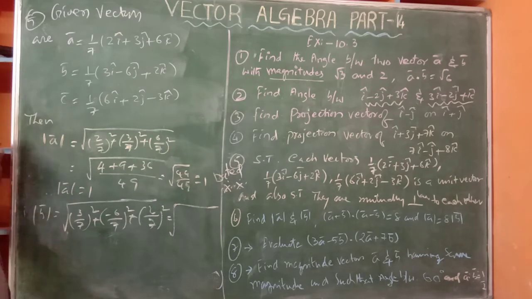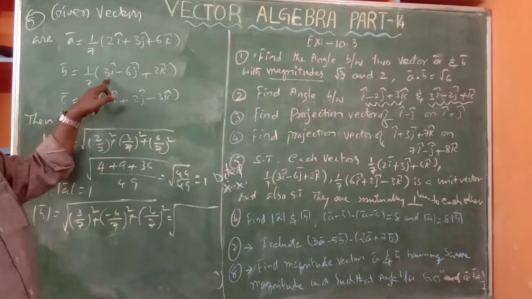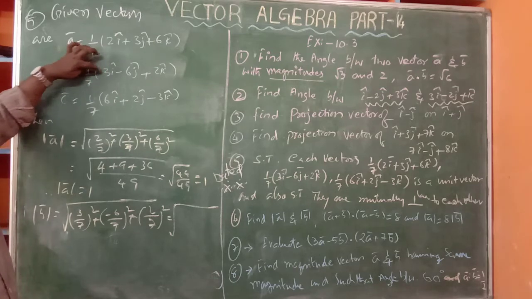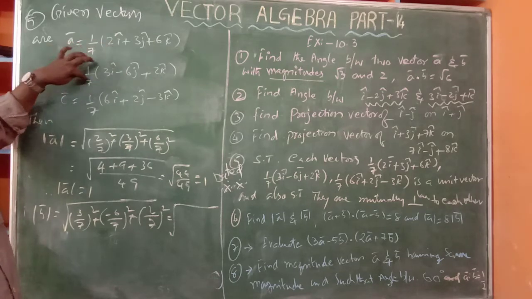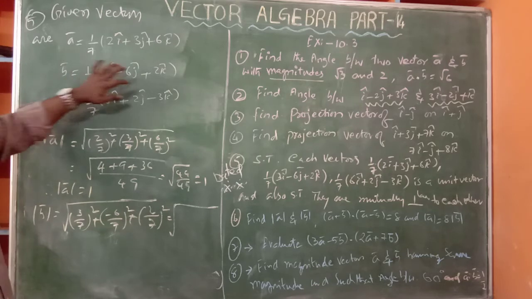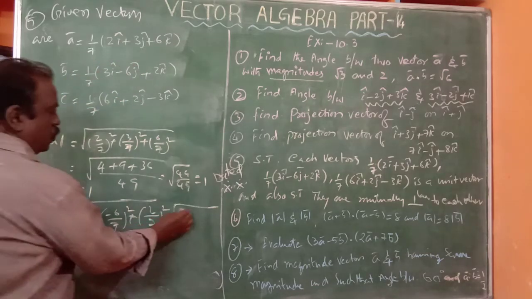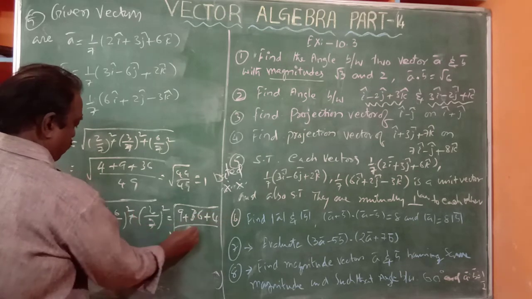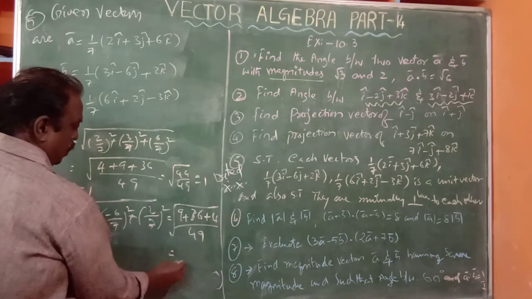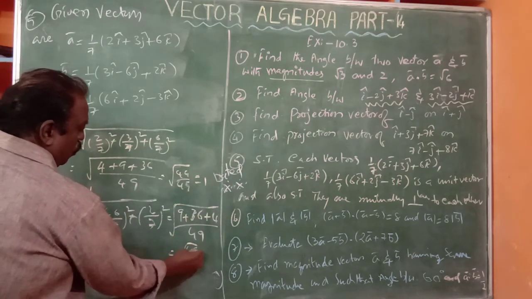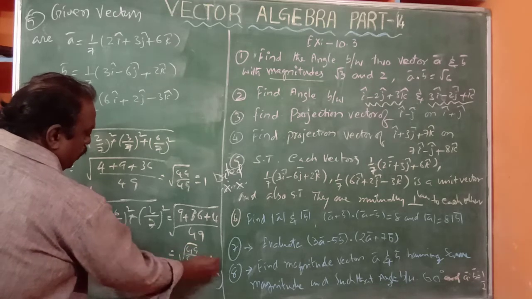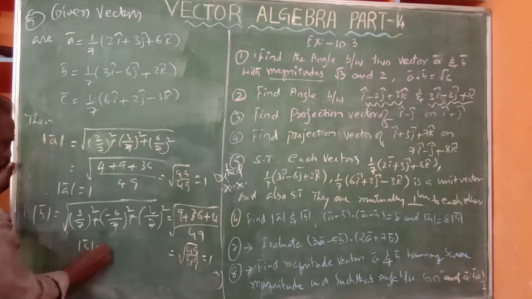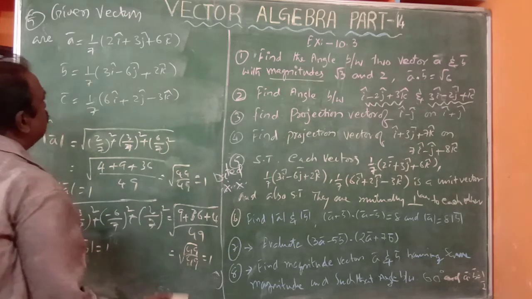Here also the same, the components are 3, −6, 2, so it is 3/7, −6/7, 2/7. It is also the square root of (9 + 36 + 4)/49. Here also it is root of 49/49, that is also 1. Okay? So mod b bar is also 1.